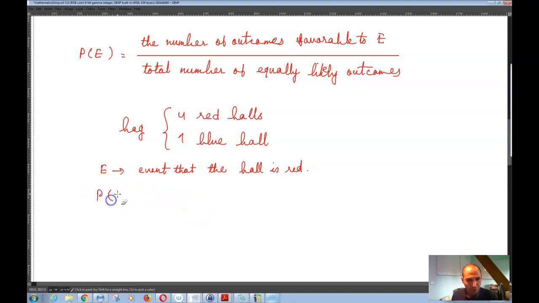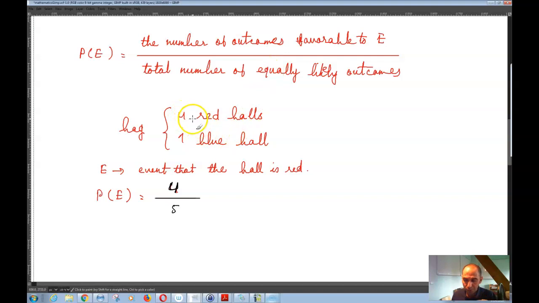To calculate the probability of E, we calculate the number of outcomes favorable to E, which is clearly 4 here. You have 4 red balls. We divide that by the total number of equally likely outcomes, which is 5, because 4 plus 1 is 5.